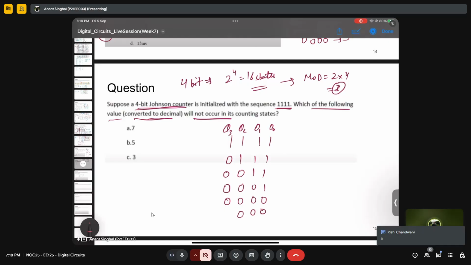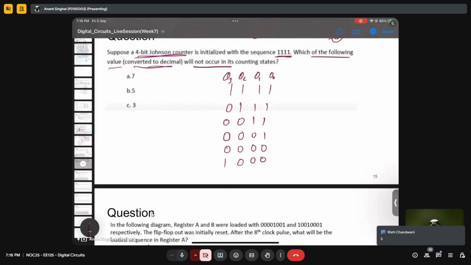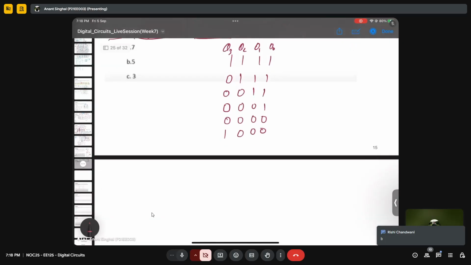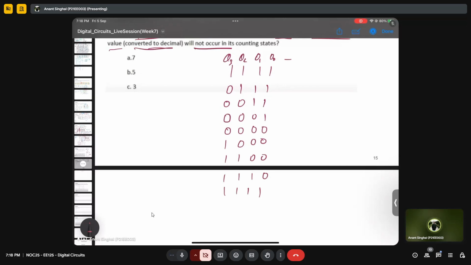This 0001, 0011, 0111, then 1111. If I convert it to decimal, this is 15, this is 7, this is 3, this is 1, this is 0, this is 8, this is 12, this is 14, and this is 15.